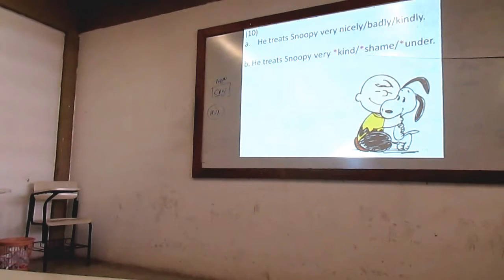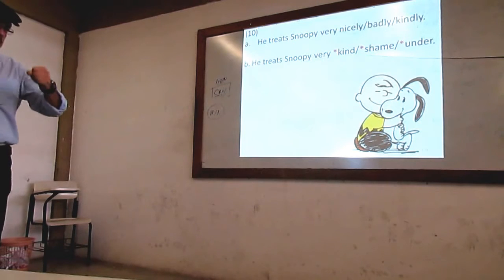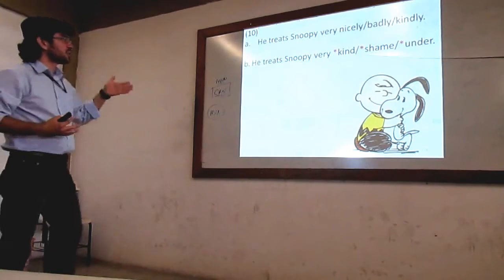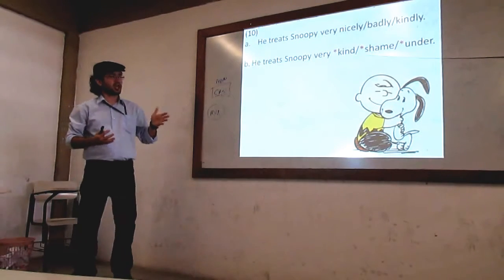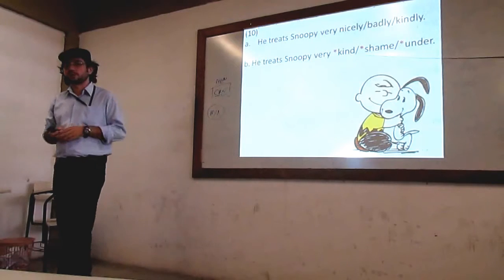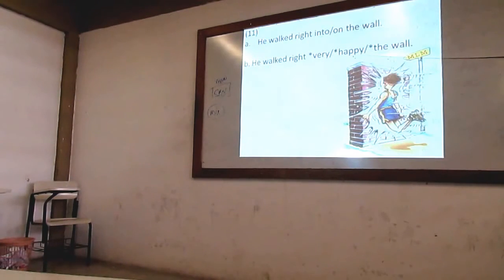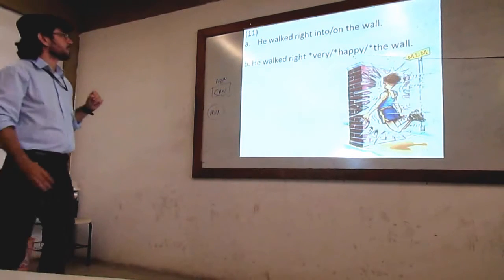10. He treats Snoopy very nicely, or very badly, okay? Or very kindly, carinhosamente. But we can't say he treats Snoopy very kind, or very shamed, or very under. Não combina. He walked right into on the wall. Né?